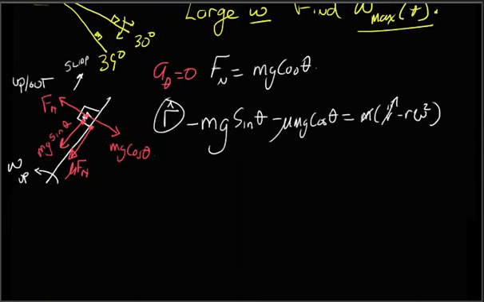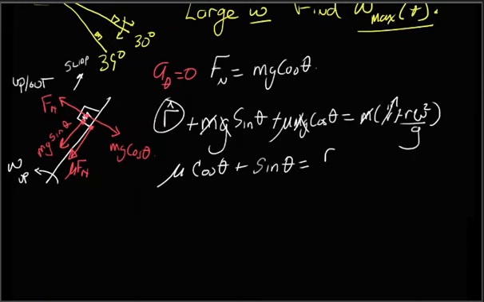And as before, you can divide through by m, divide back through by g, and we have negatives everywhere, so we multiply through by a -1, and let me switch this order just so it matches the other one: mu cos of theta plus sine of theta is r omega squared on g. This would be for up and out. And again, you could try to find that angle.